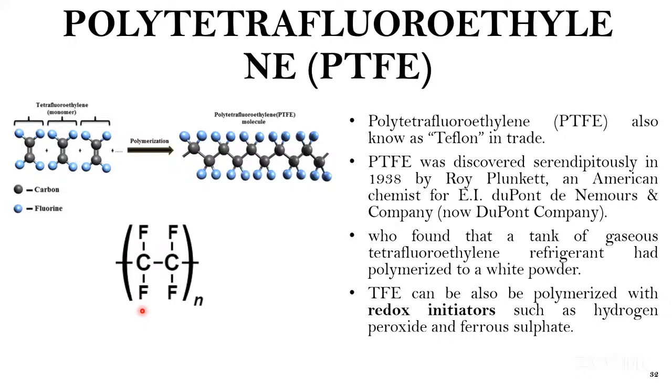Due to the presence of these two fluorines, PTFE has, I can say, 80 to 90% of the market covered, because you can consider any industry or application and it is applicable for PTFE.